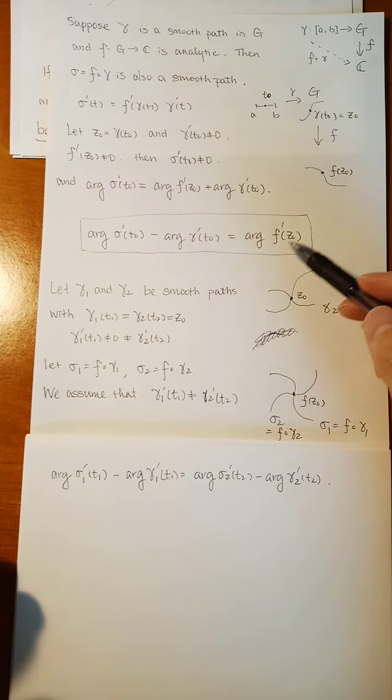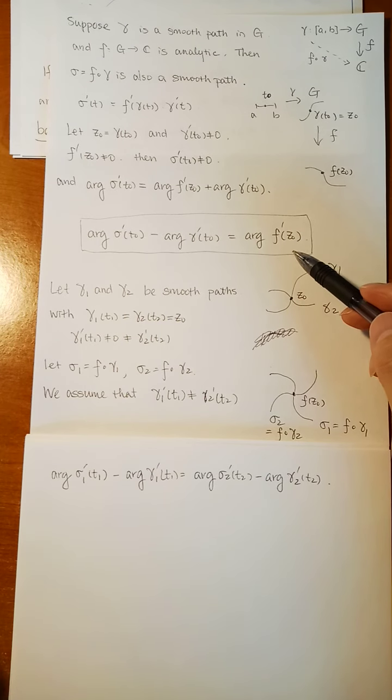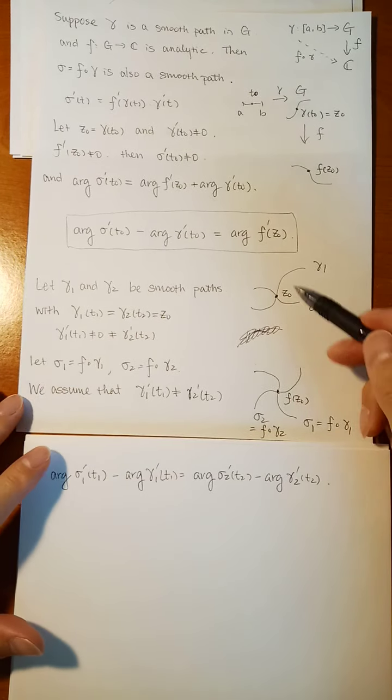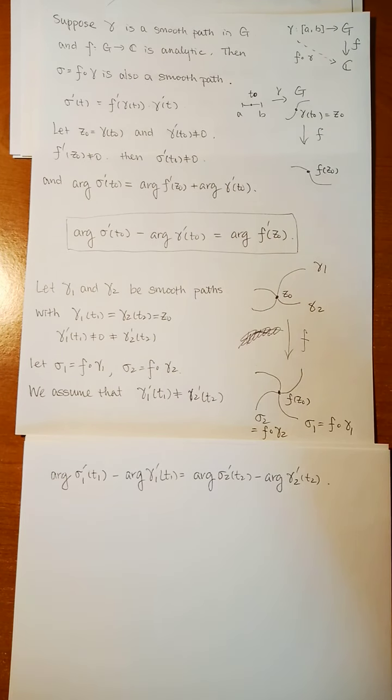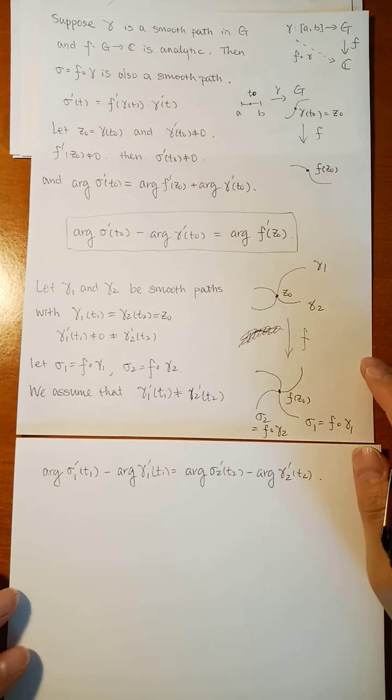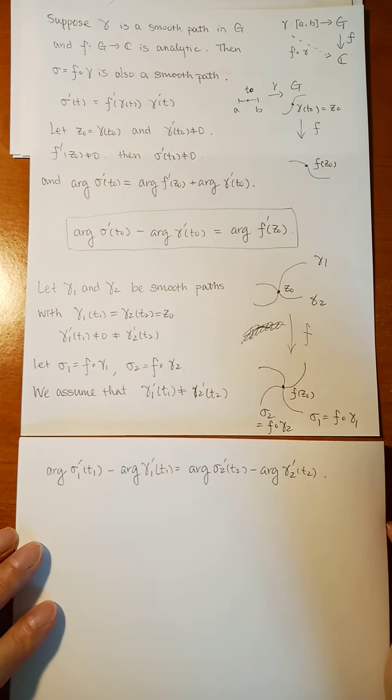Right? They are both equal to argument of F prime z0, because F and z0 are independent of those two pairs of curves, so it's fixed.